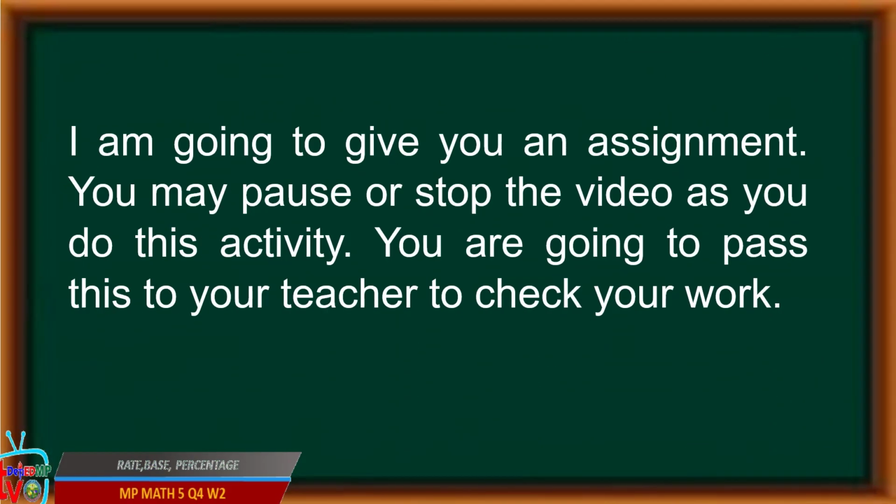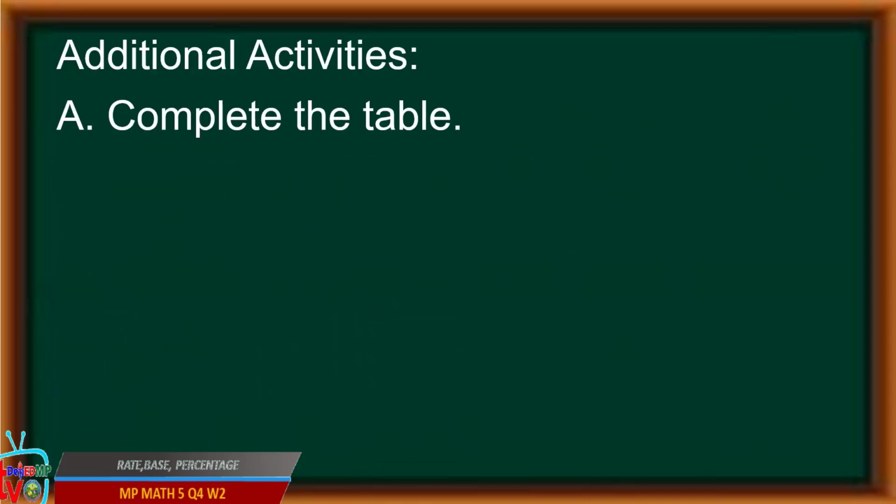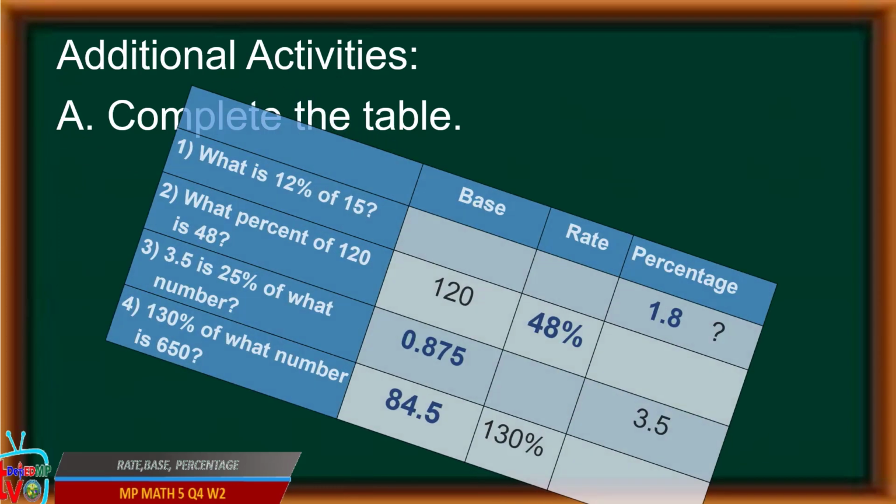I am going to give you an assignment. You may pause or stop the video as you do this activity. You are going to pass this to your teacher to check your work. Additional activities. Activity A, complete the table.